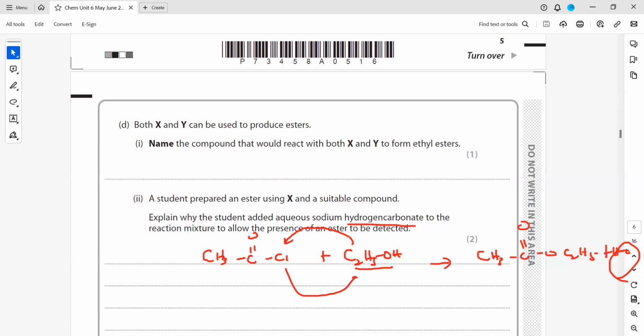Both compounds have a smell, so when they are mixed, the smell of the acid might mask the smell of the ester. That's why we should remove the acid. And how do we remove the acid? By adding sodium hydrogen carbonate.